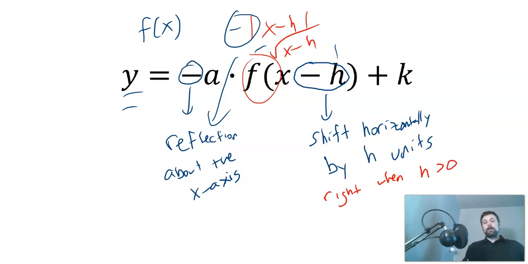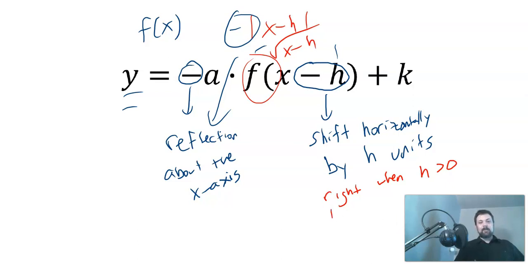I said equal to, but on the screen I wrote it without the equal to, because if it's equal to 0, it's not positive. And if it's equal to 0, it's not happening, right? If h is 0, there is no horizontal shift. So you can't really have h equal to 0 if a shift is occurring. So it's to the right when h is positive, and this is how we say positive in math, greater than 0.